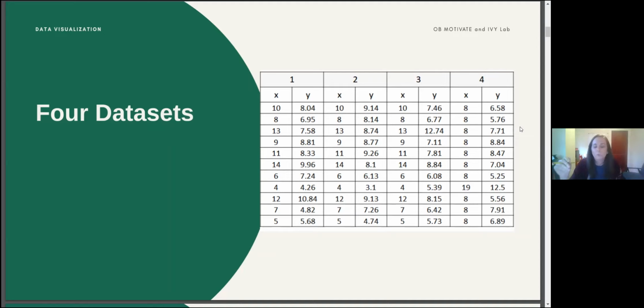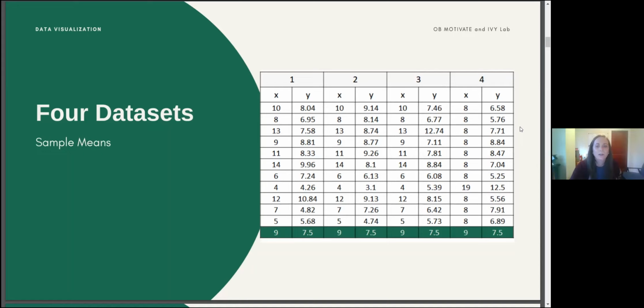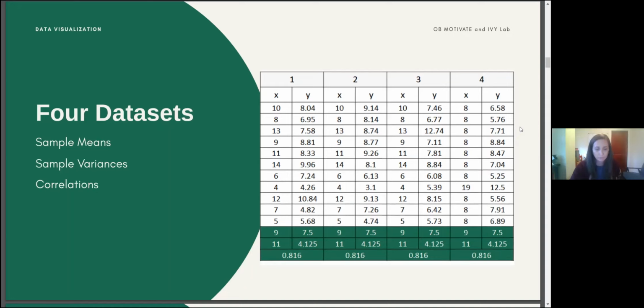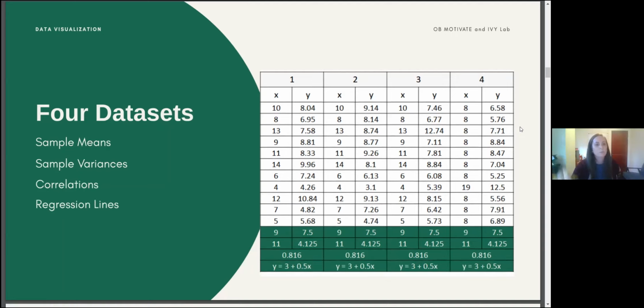So where I would naturally start is with some summary statistics to help me understand the relationship between these 2 variables. And if you did that with these 4 data sets, you would learn that they all have the same sample means, they have the same sample variances, the X and the Y has the same correlation in each of these 4 data sets, and they even have the same linear regression line of best fit.